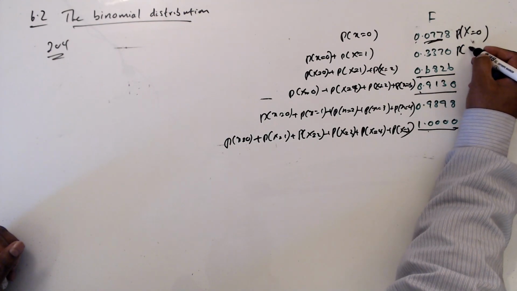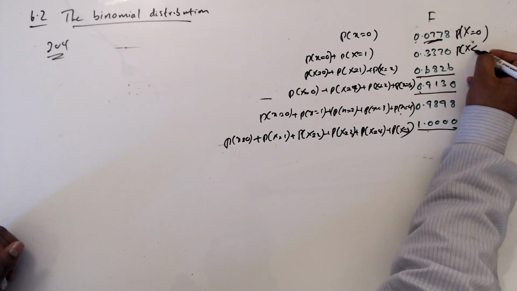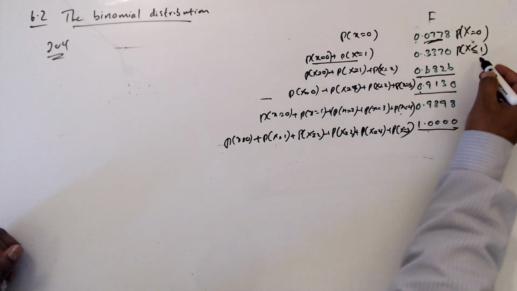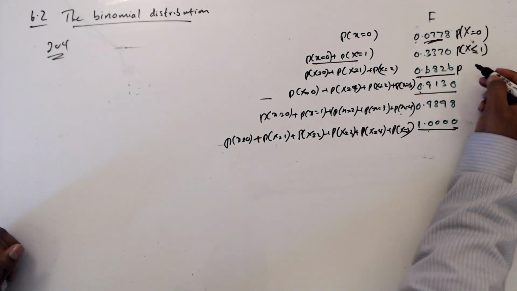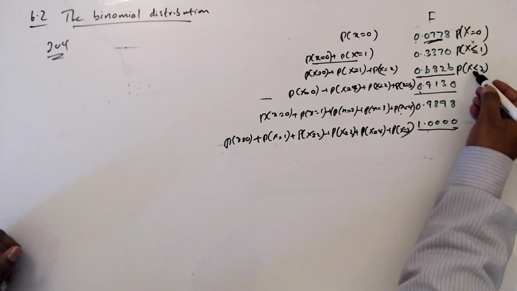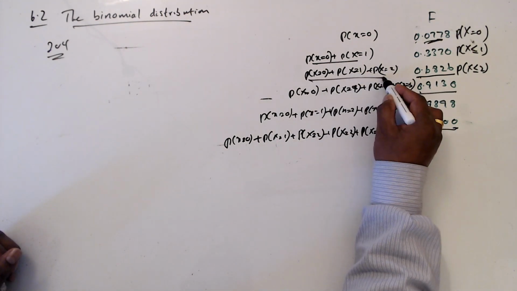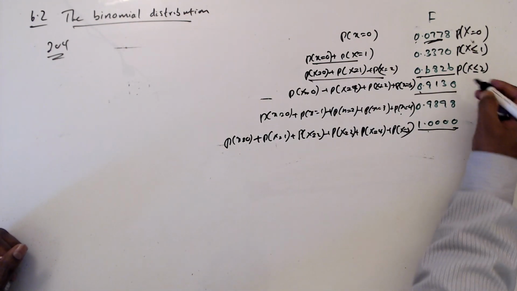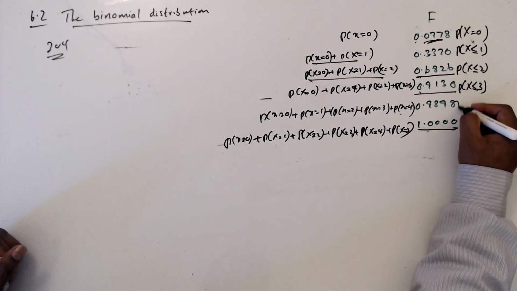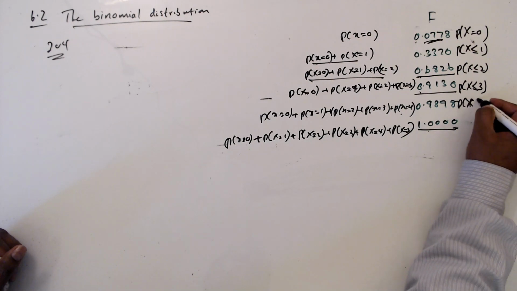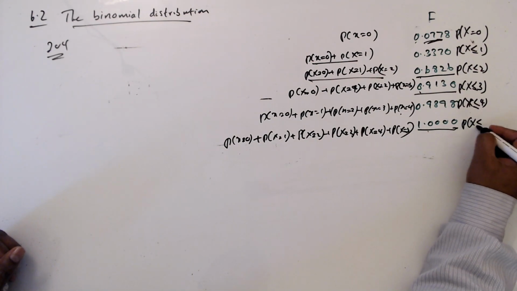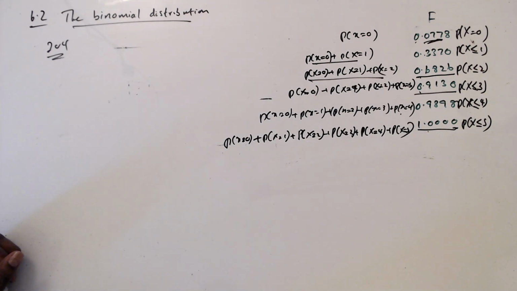Then probability x less than or equal to 1. So the same thing we are writing in one way. Probability of x less than or equal to 2. Instead of writing these terms, I can write probability of x less than or equal to 3, x less than or equal to 4, and x less than or equal to 5.